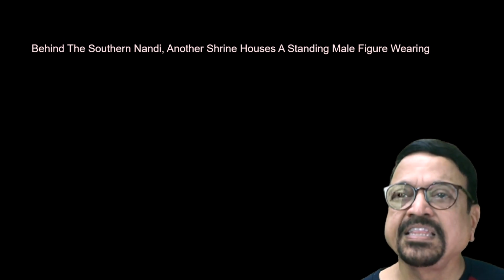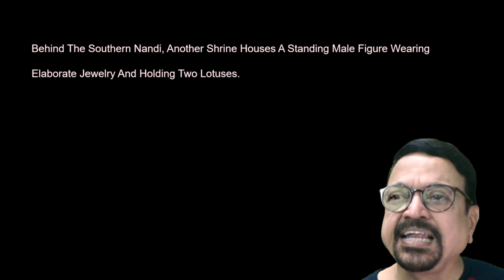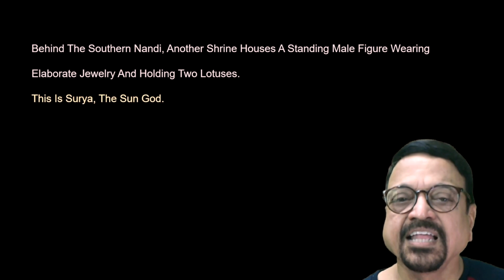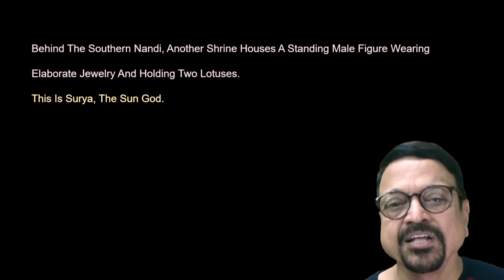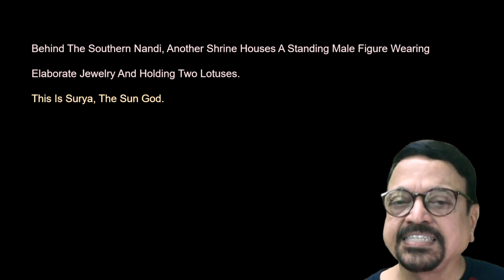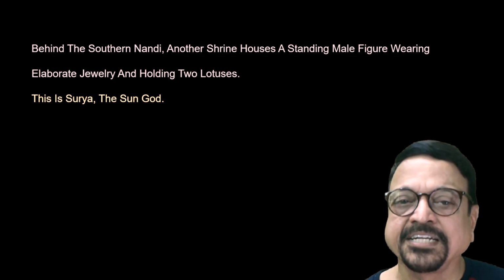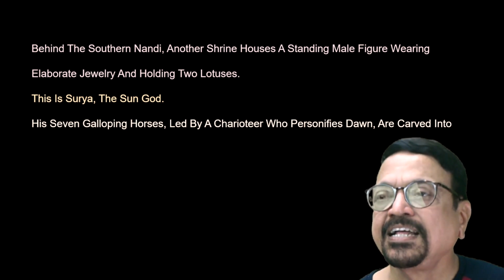Behind the southern Nandi, another shrine houses a standing male figure wearing elaborate jewelry and holding two lotuses. Jewelry and two lotuses mean it has to be God Surya. Surya is for Shaktism. We have seen Vaishnavism, we have seen Shaivism, and now here Shaktism is represented by God Surya, for those who worship power.